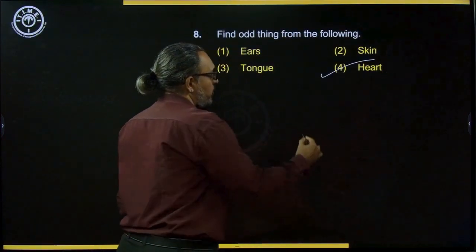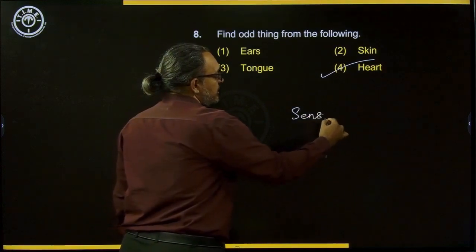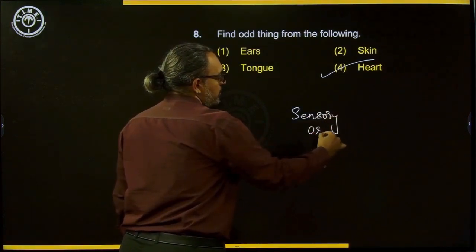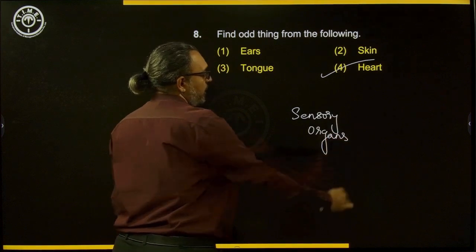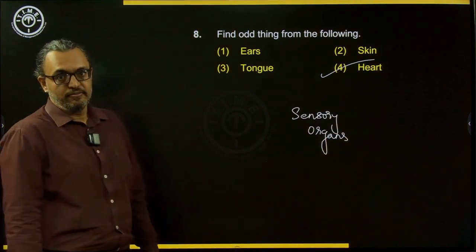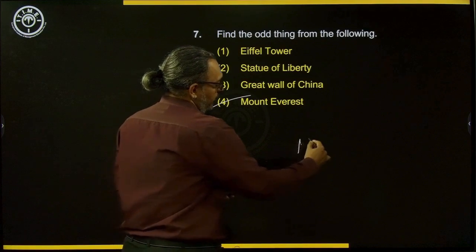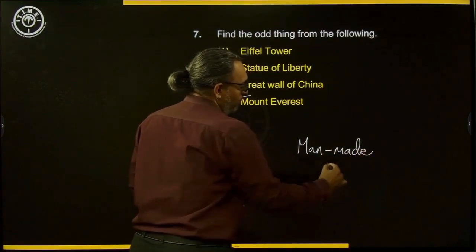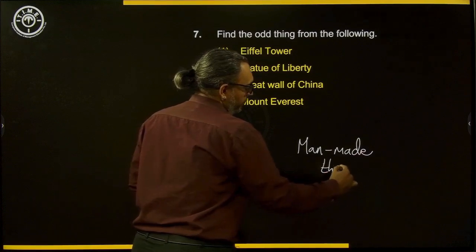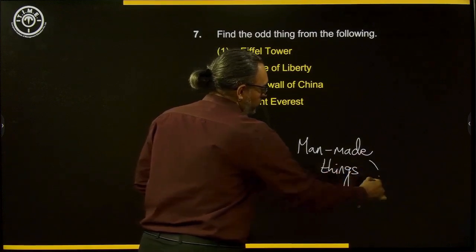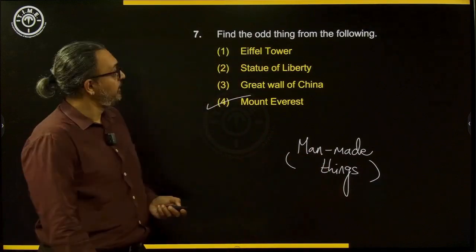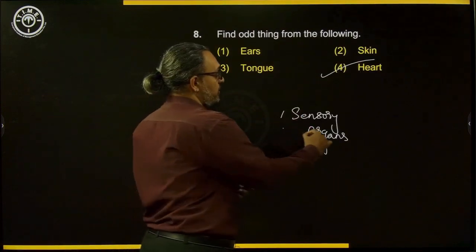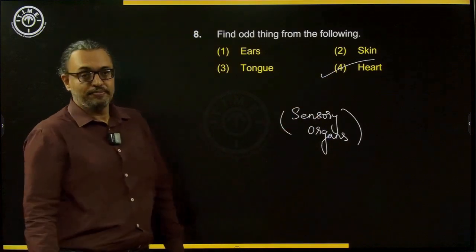Heart is my answer because the remaining are sensory organs. Correct? Yeah. Here I will write the logic. The previous question: man-made things. That is the common logic. Everest is not. So now this is sensory organs, except for heart.